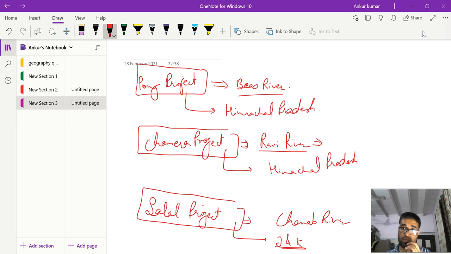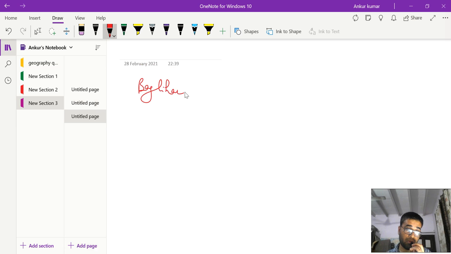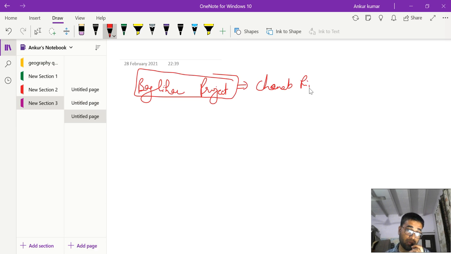Moving on to the next project, that is the Baglihar Project. Baglihar Project is based on the Chenab River again. It is built in Jammu and Kashmir.